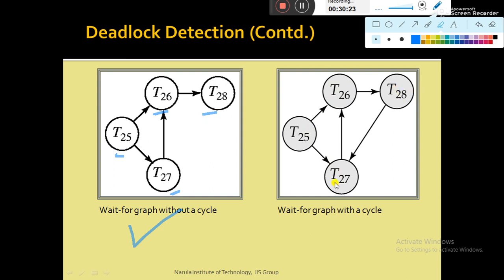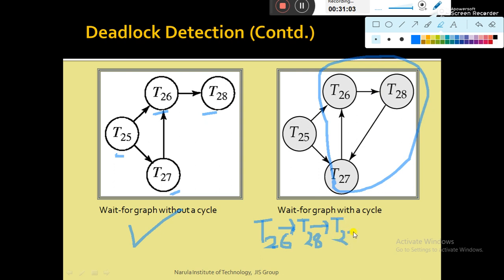If you look at this portion only, you can easily identify that this is a cycle, starting from, say, transaction T26, waiting for T28, next T28 is waiting for T27, and T27 is waiting for T26.